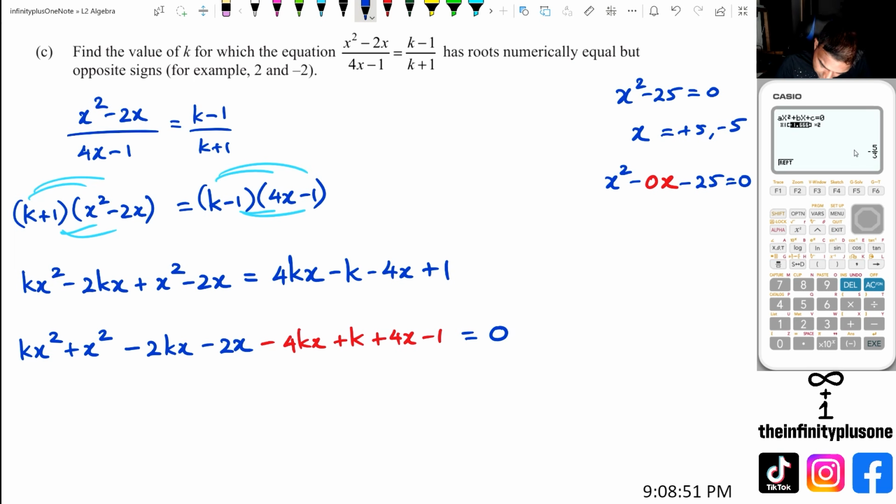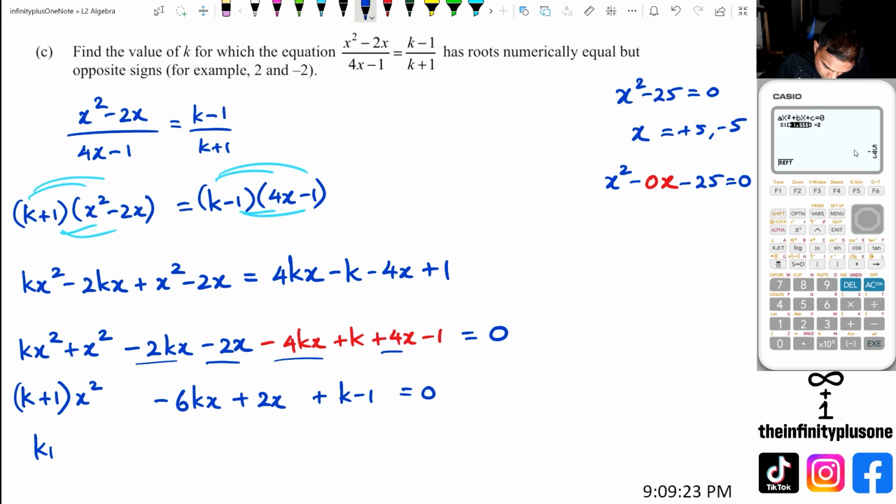So at this point I am going to collect all my x squareds. So I've got k plus 1 x squared, and then I'm going to collect all my x's. But before I do that, let's actually combine them. So I've got negative 2kx and minus 4kx, which equals minus 6kx, and then negative 2x plus 4x is going to be plus 2x, and then I've got plus k minus 1.